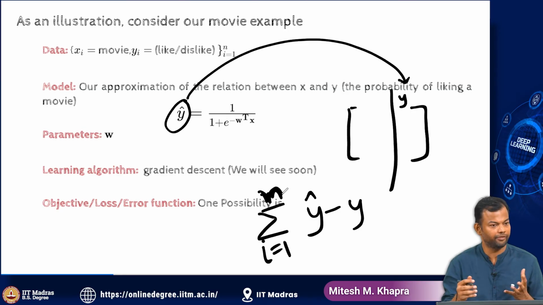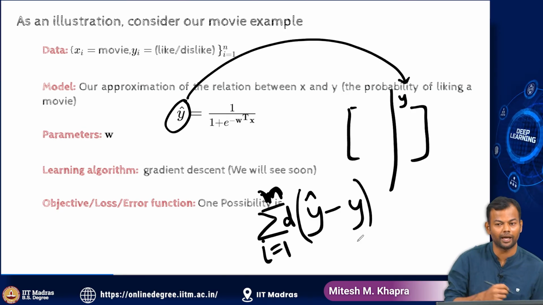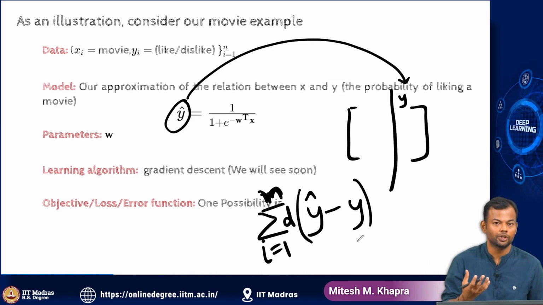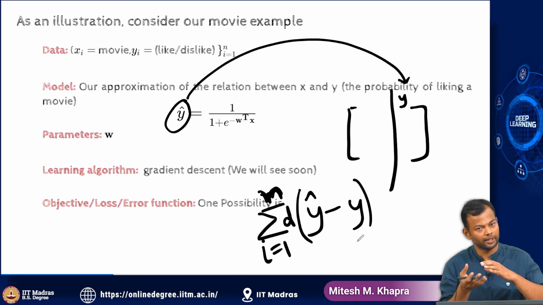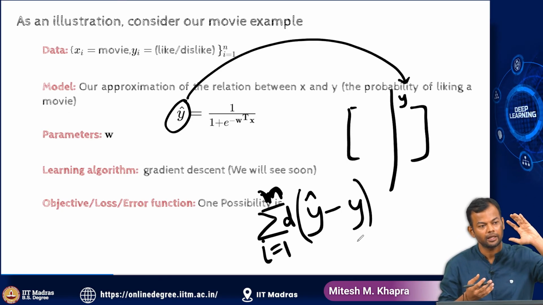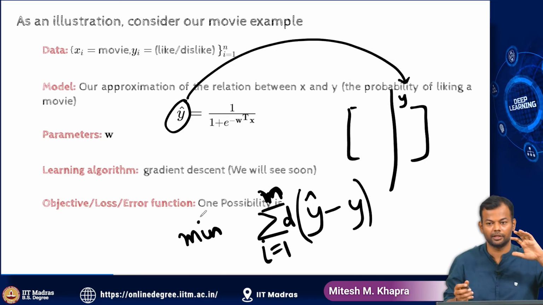If I sum up this difference, I'll just call it the difference between y hat and y, and I can define the difference function the way I want to. The difference between y hat and y summed across all the training examples should be as small as possible. That's the same as saying minimize this difference.